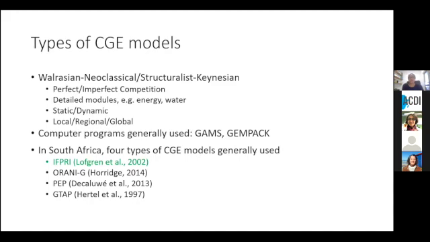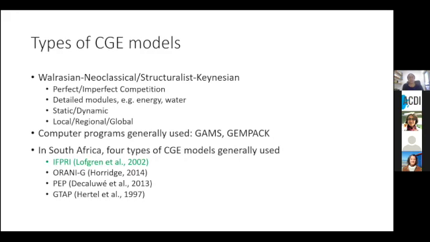You get CG models that are static, which means that they're one-period models, or they're dynamic, which enables an analysis over time. And then you also get CG models at different levels of the economy. So, for example, you could get local, regional, or global CG models depending on the data that is available.